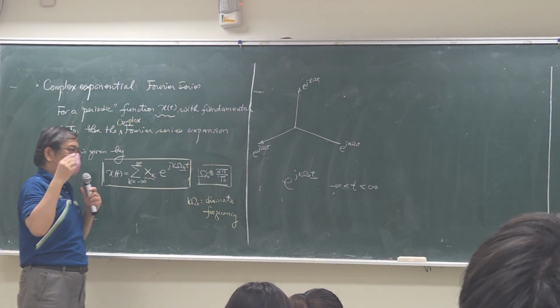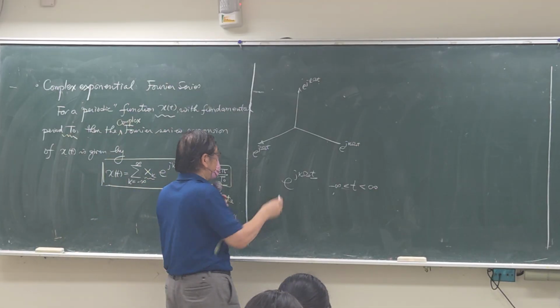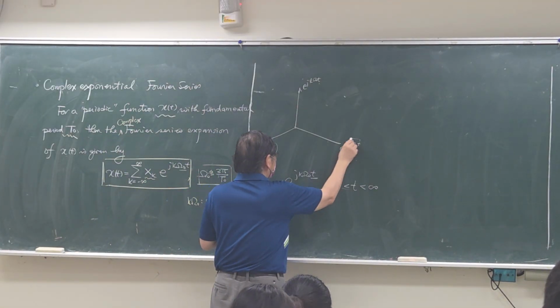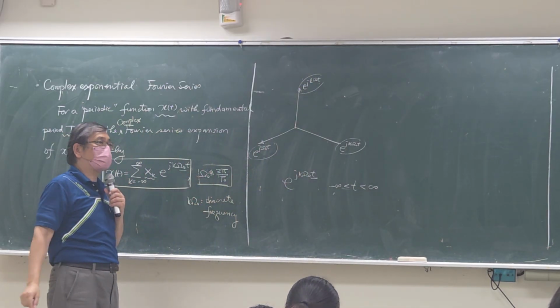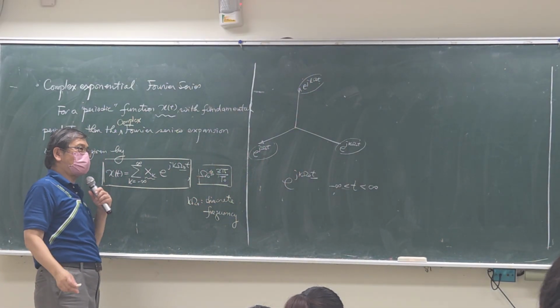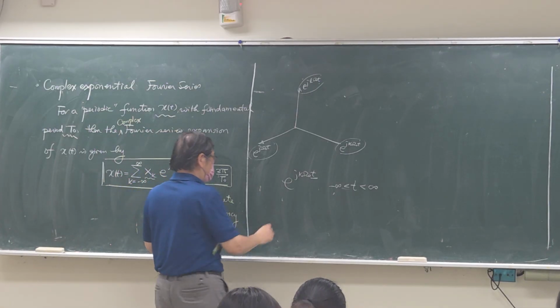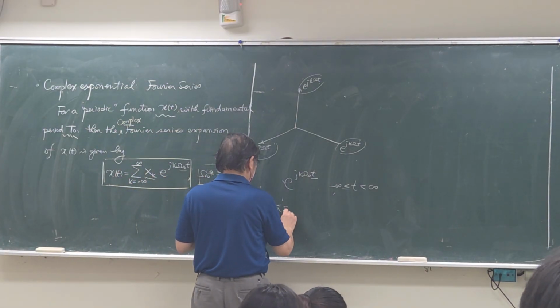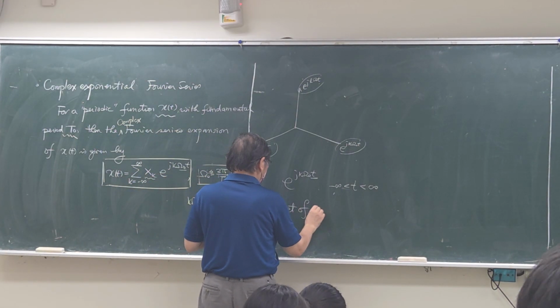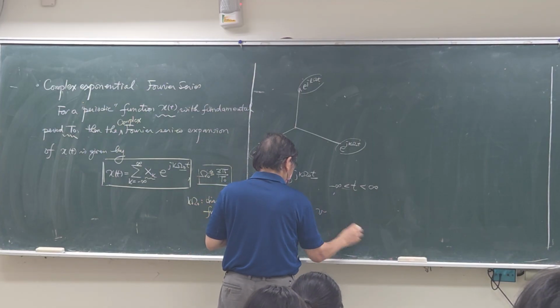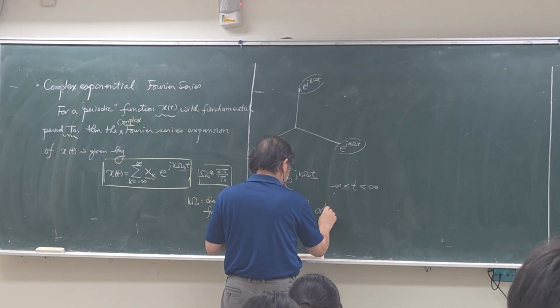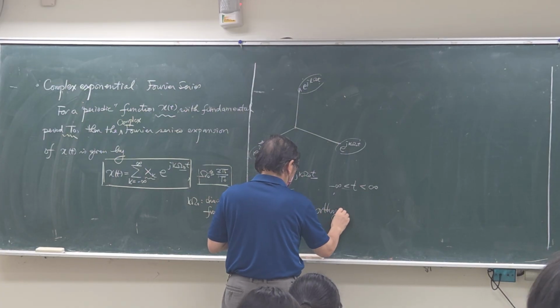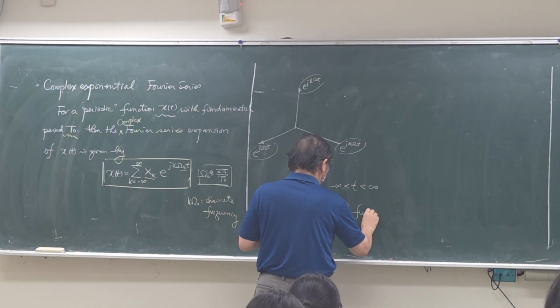Let's imagine, to make your life easier, that these are kind of vectors. Even though they are functions, they are kind of vectors. So we have a set of vectors, but they are orthogonal functions.